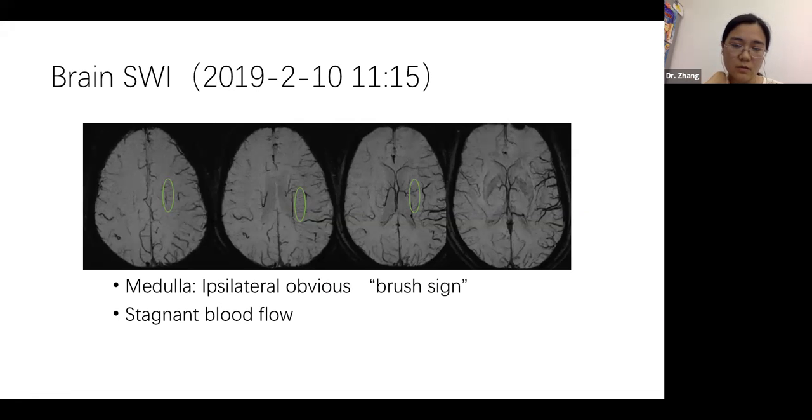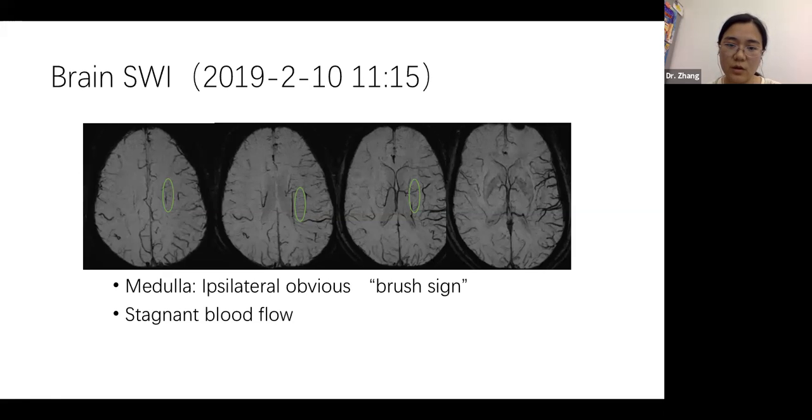Here you can see a green circle, and within the circle we can see some straight vessels. Those are veins, medullary veins, and this looks like a brush, so we call it the brush sign. It always reflects stagnant blood flow.